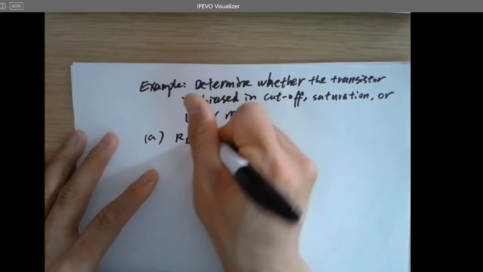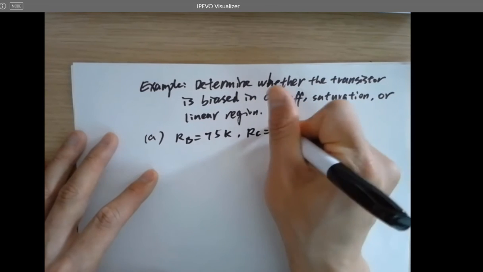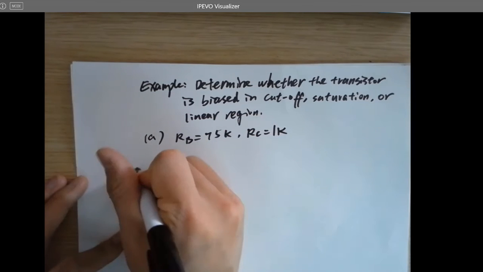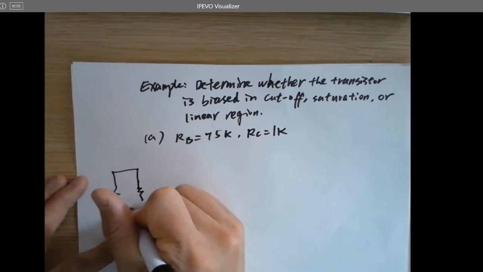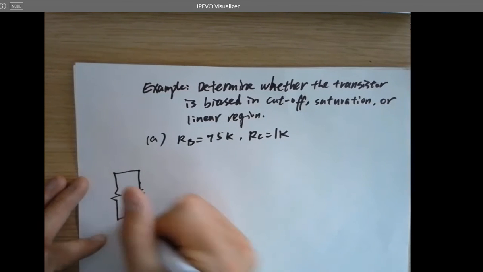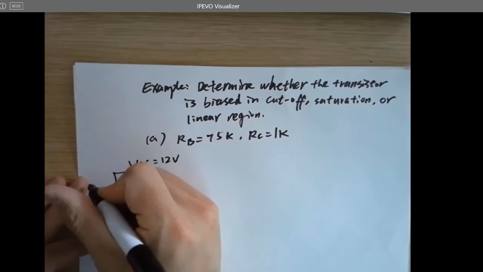For example, RB is 75K and RC is 1K. So it's a very classic configuration of the circuit. VCC is 12 volts.